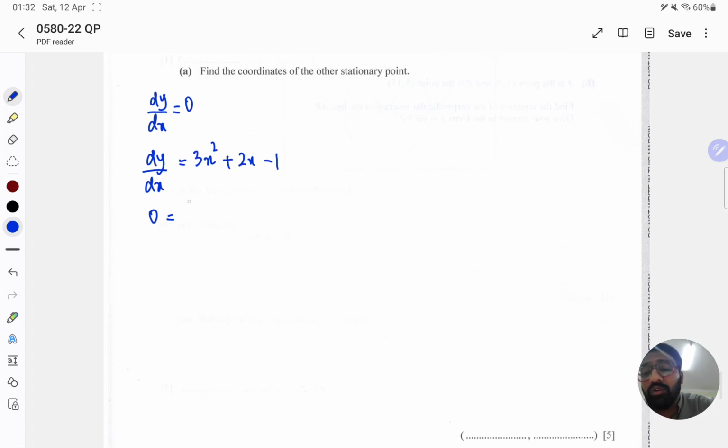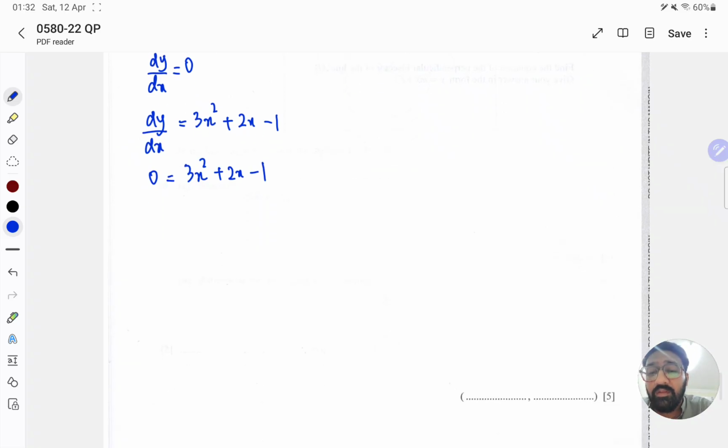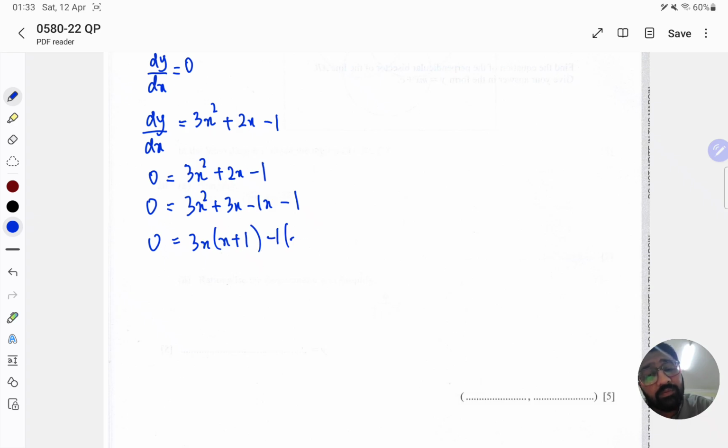0. So you all can see that this has become a quadratic equation. We are going to do the factorization of this. 3 times 1 is 3. So the two factors are going to be plus 3x minus 1x minus 1. So 3x is common, x plus 1 minus 1 x plus 1.